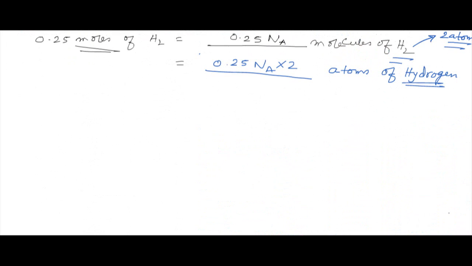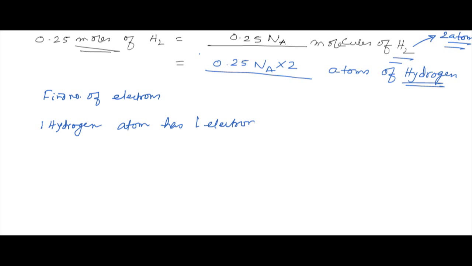Now suppose in the same problem they say find the number of electrons. Then how will you find out? Now one hydrogen atom has how many electrons? One electron. So how many hydrogen atoms are over here?